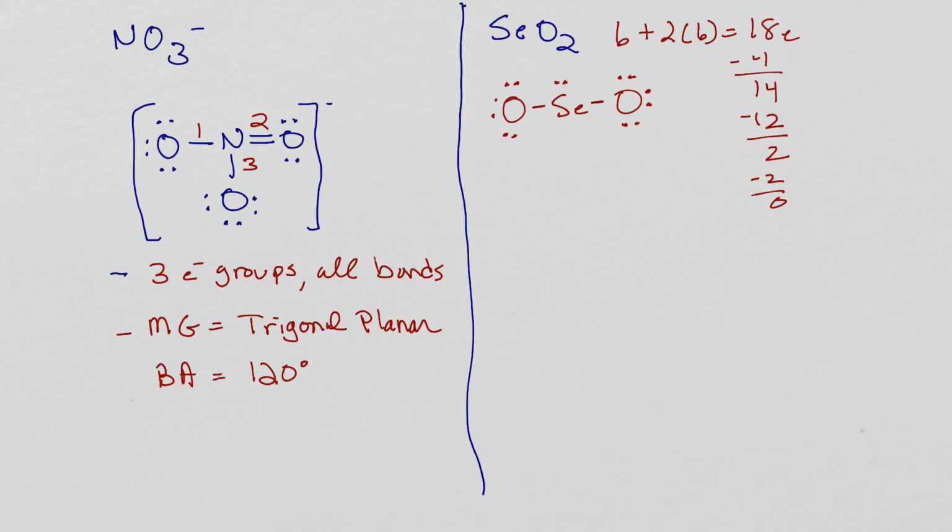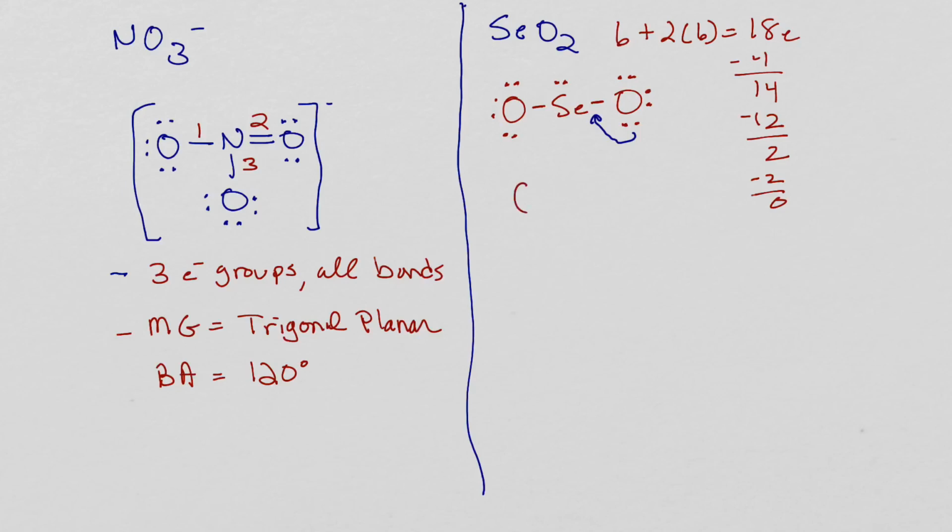but then I'm out. So if we remember from a structure like NO3- that we did over here, or other structures, if we don't have enough electrons to give everything an octet, that's when we have to make a multiple bond. So we need to do that once because we need 2 more electrons. So picking from either side here, we can move one of these pairs in here to make a double bond.